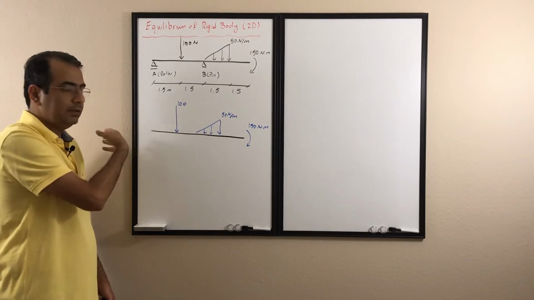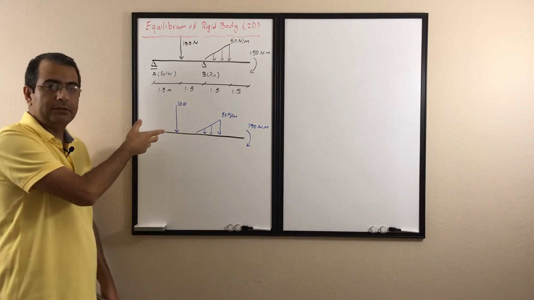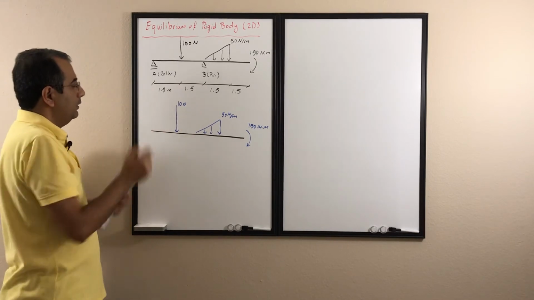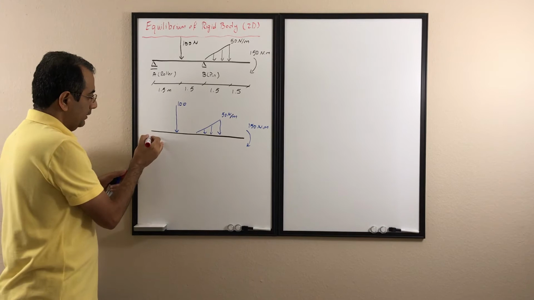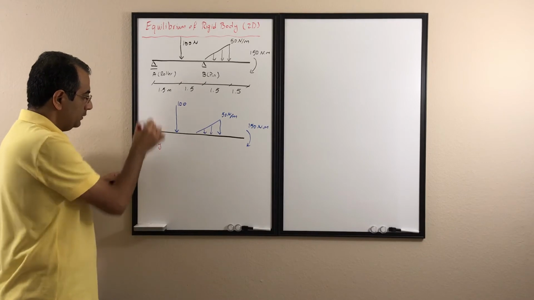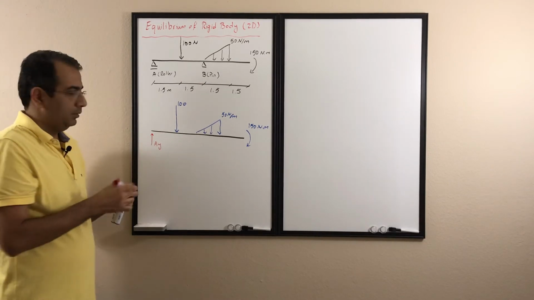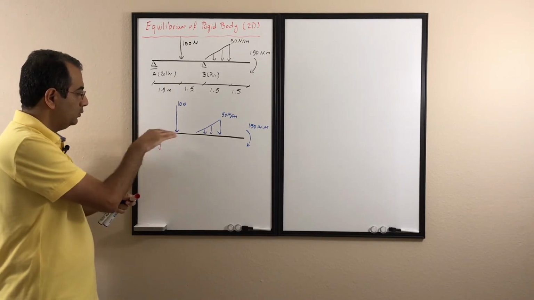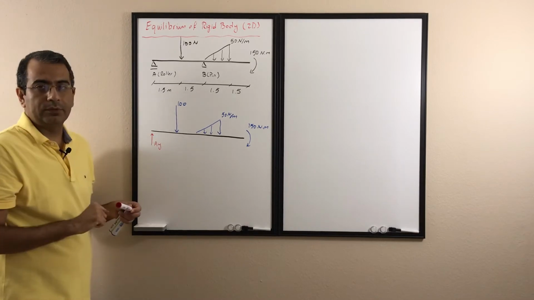It doesn't restrict it in the left or right direction. It doesn't restrict it from rotation. So the only reaction I need to add here is Ay, to make sure that point A is not going up and down and is held in place. So I don't restrict it from going left or right, and I don't restrict it from rotation.